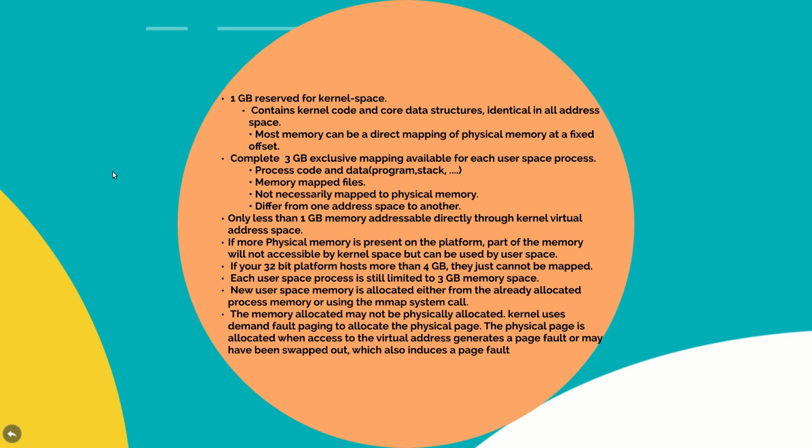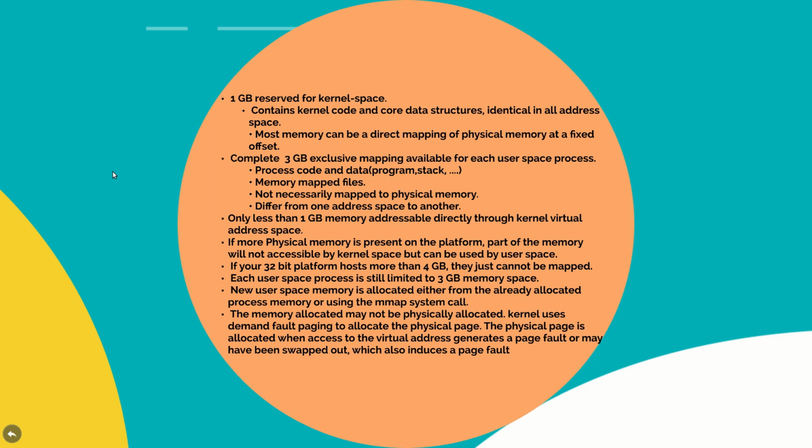The complete 3 GB exclusive mapping is available for each user space process. So in kernel space there is only 1 GB, and in a user space application a 3 GB exclusive mapping is available. In that process, code and data, program stack, and memory mapped files are included. That is not necessarily mapped to the physical memory, and this will differ from one address space to another address space.